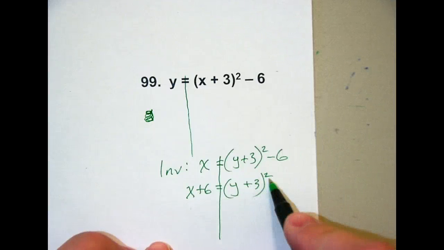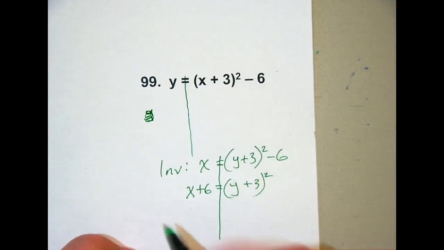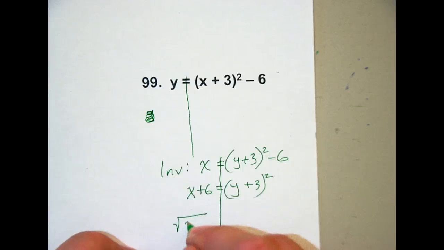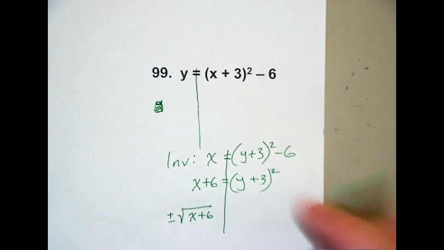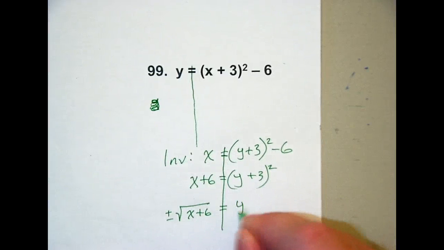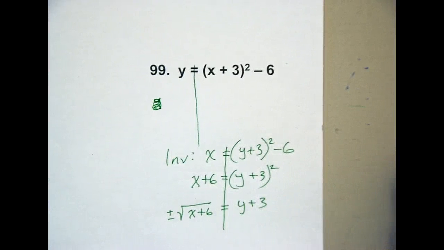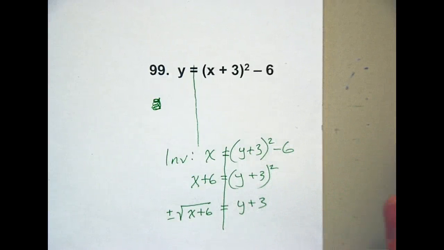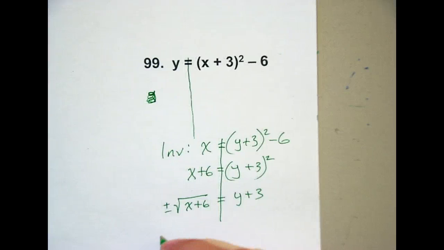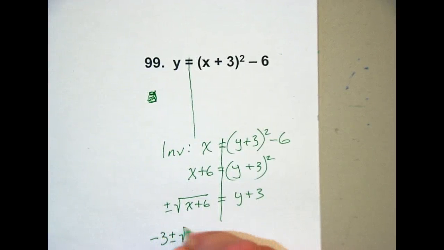Exponents, right? So how do I get rid of a squared? Square root. Plus or minus there. And now you've unlocked the parentheses. So this is like your key to the parentheses. And now what do we do? Subtract 3.